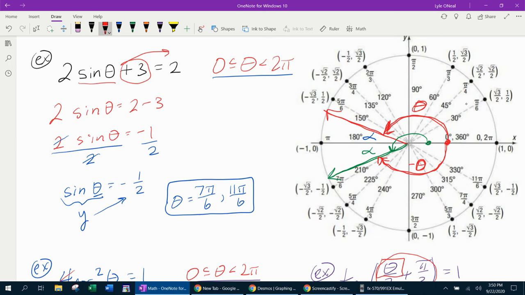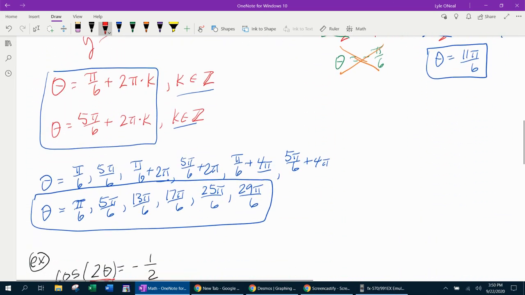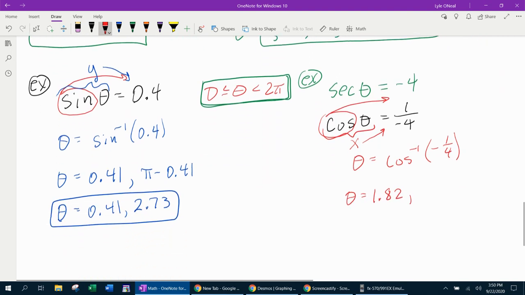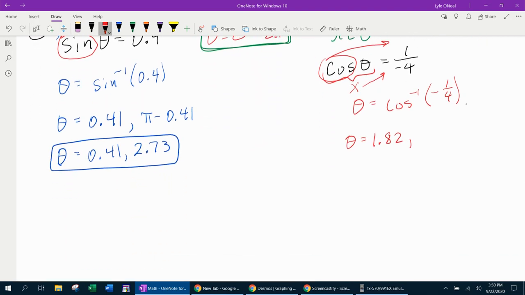So if I want to know what this green angle is, I need to take my first answer and subtract it from 2 pi. Right? Because if I start at 2 pi and go back a negative theta, then I'll be at the green angle, which is the second angle I need. Okay? So we're going to take the first angle we found and subtract it from 2 pi. And that's going to give us the second answer we need.